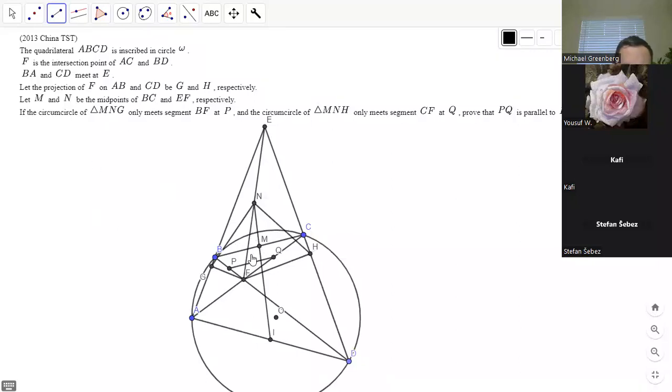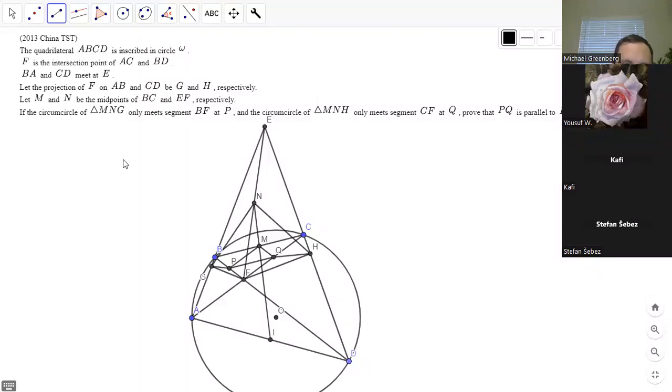Then MP is half of FC, which is QH, and MQ is half of BF, which is PG. So those two pairs of sides are equal, and you can angle chase the angle for the congruence. Because of that, MN is the perpendicular bisector of GH.